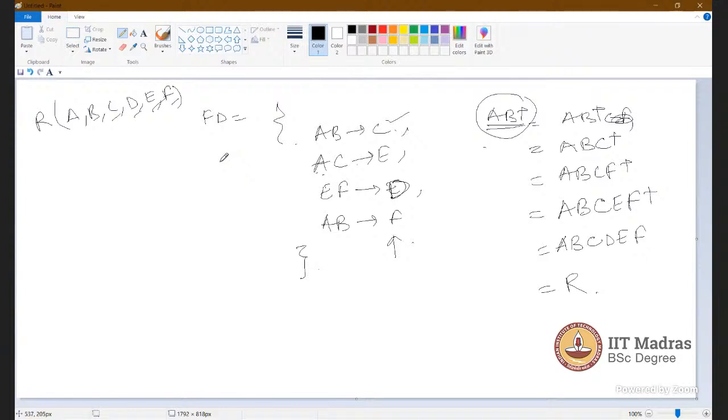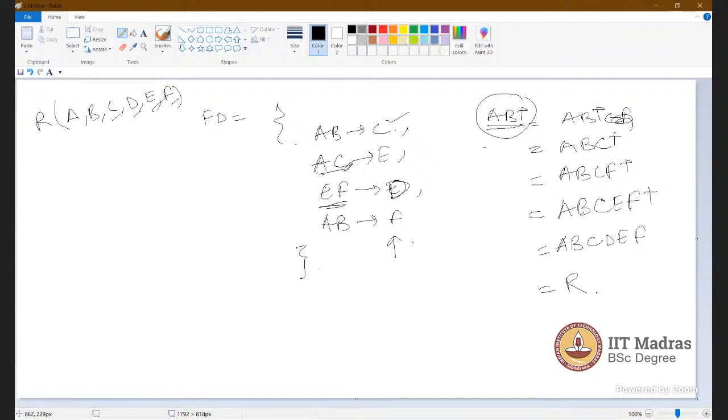So let's stick to the basics. The definition of transitive dependency is that a non-prime attribute determines a non-prime attribute. Yes, sir. So we can say that for this particular one. Let's check.